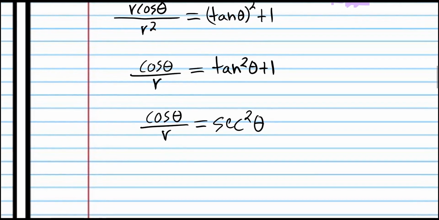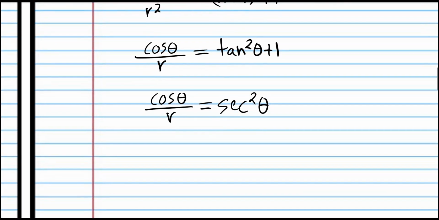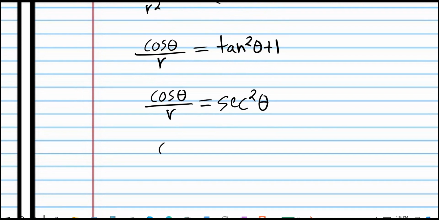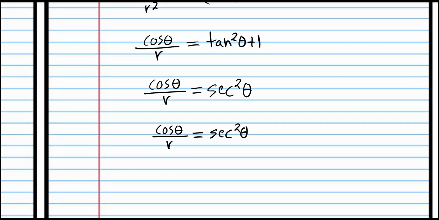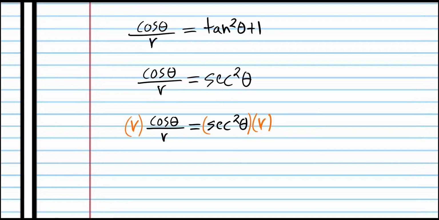I know it's kind of annoying to have to keep going. And again, you don't have to simplify, but it's important for you to get used to seeing how to simplify these expressions.